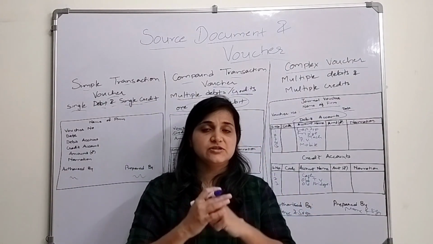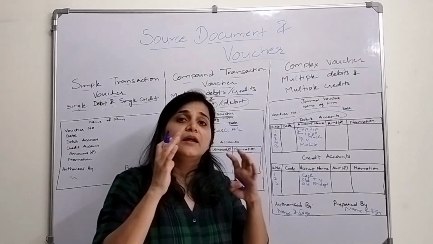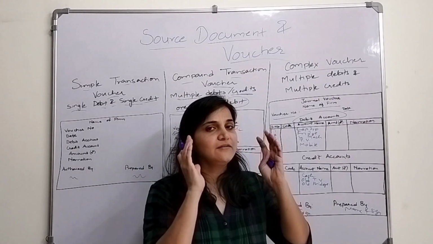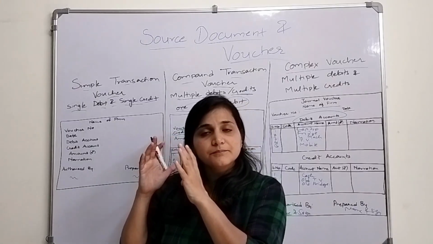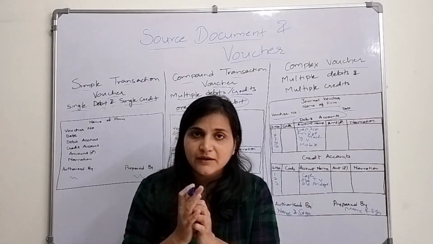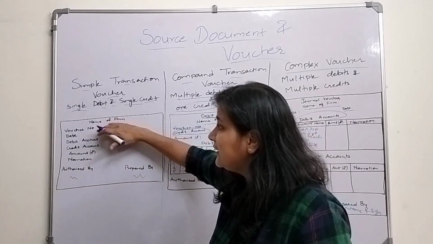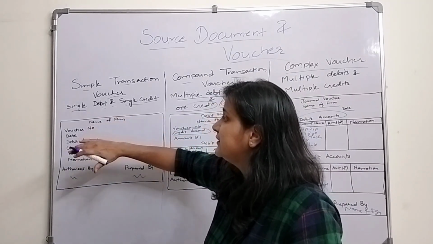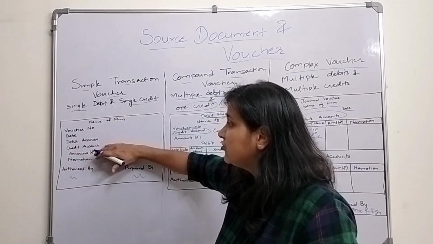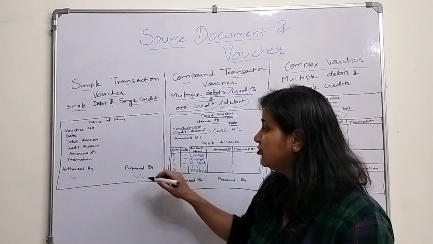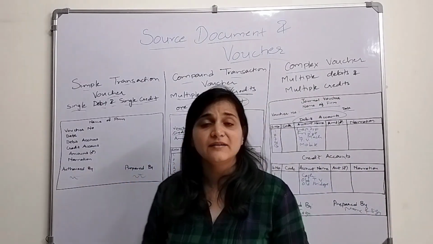So these are the vouchers the company has to prepare. They decide the format, the font, and the paper, which should be good quality. Certain things they need to mention, like the name, the serial number, the date, which accounts are being debited, which accounts are being credited, the amount, narration, who has prepared it, who has authorized it.